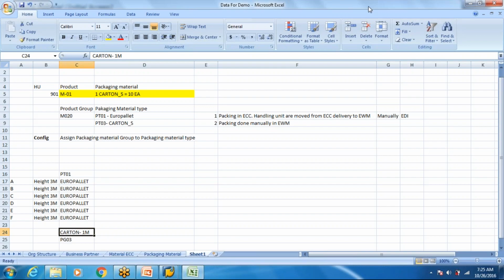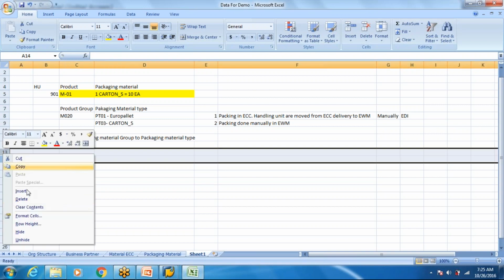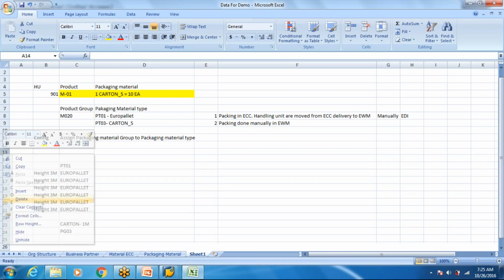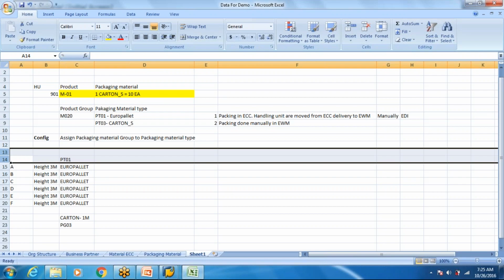So this kind of separation you will do for your company when you go for an implementation, or any design work. You have to first understand what the packaging materials are, and you have to group them.